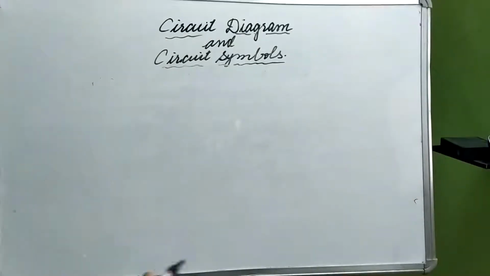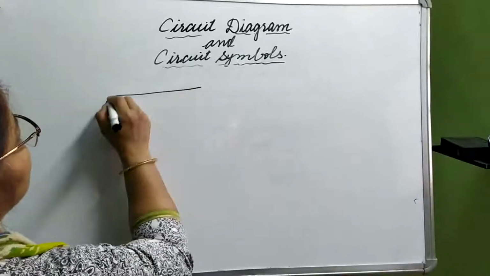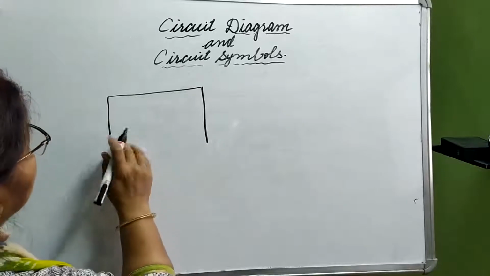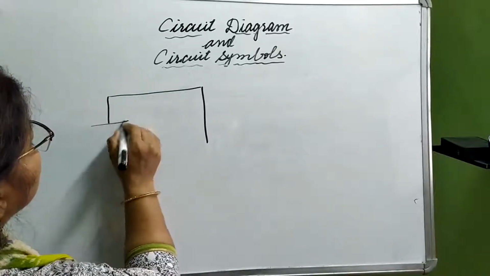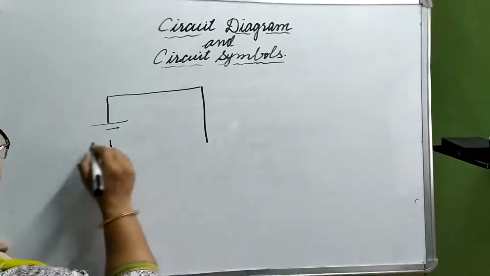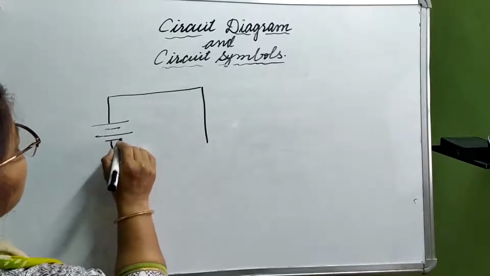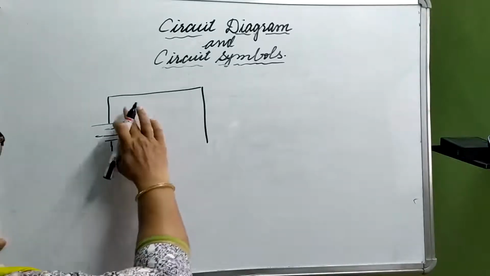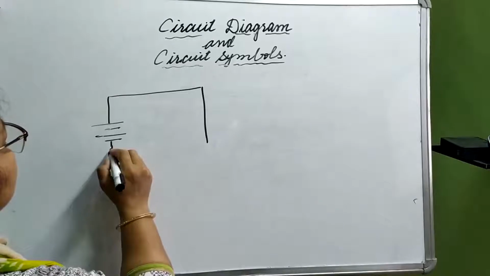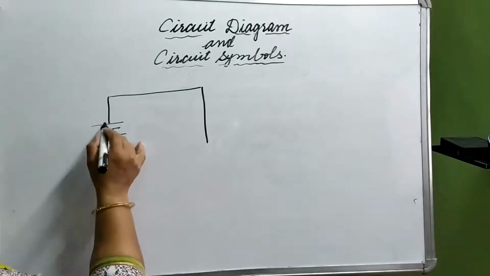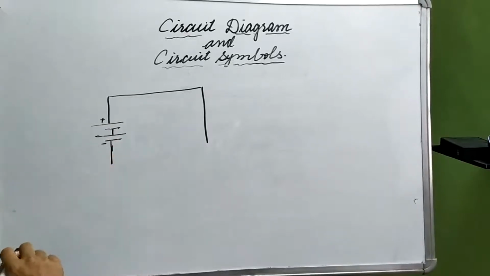Let us make a closed circuit with a bulb and various components. So wire, and we are going to have a battery: positive terminal, negative terminal, then again positive, then negative. Make sure that the lines are even. Then we connect negative with positive. This is our positive terminal, this is the negative terminal.